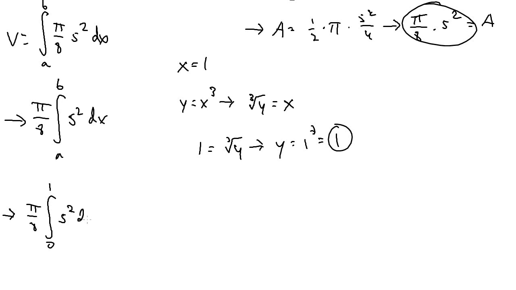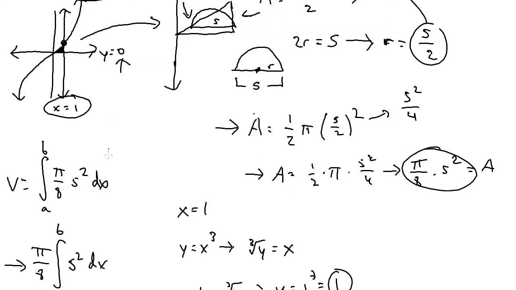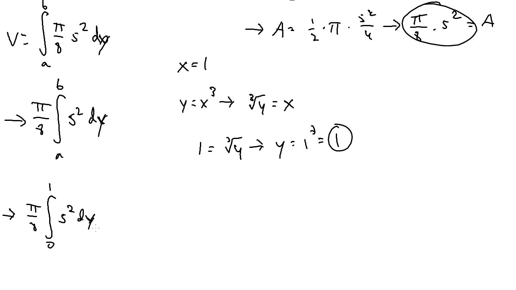Now all that's left to do is find s. And s is going to be equal to the right curve minus the left curve, since this is in terms of y. And I apologize, instead of putting dx, I should have put dy for all of these, because everything we're doing is in terms of y.